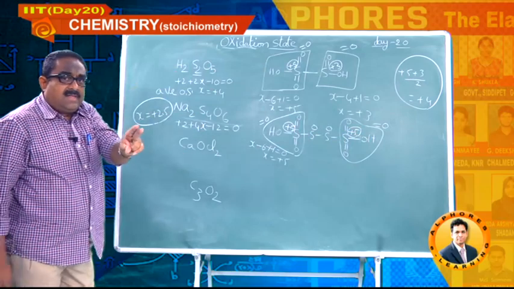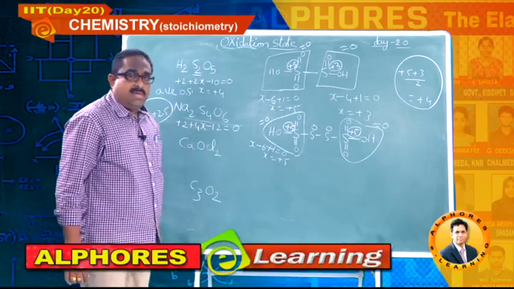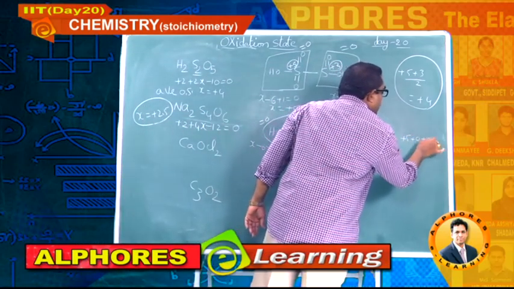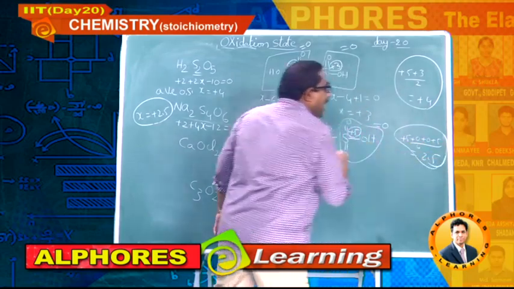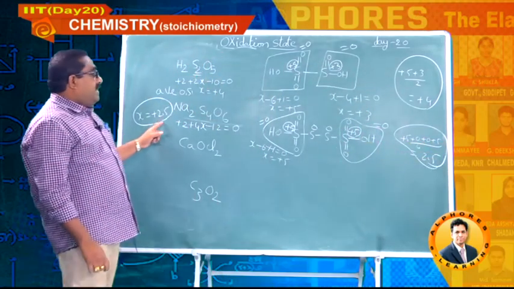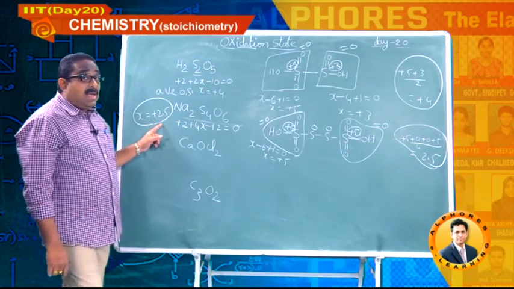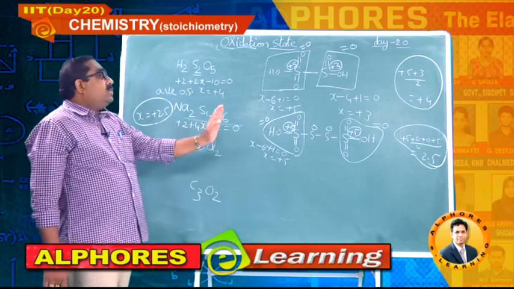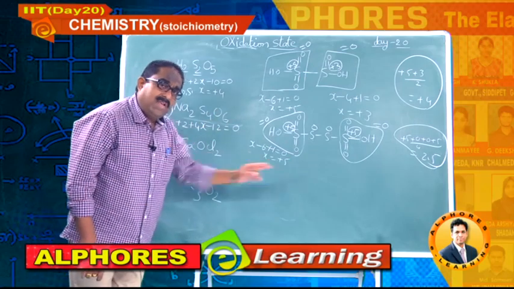So, 2 sulfurs have plus 5 and 2 sulfurs have 0. If you go for the average, plus 5 plus 0 plus 0 plus 5 divided by 4, that is 2.5. Yes, by following the rules of calculation of oxidation numbers, we got 2.5. So, individual oxidation states are plus 5, 0, 0, plus 5.